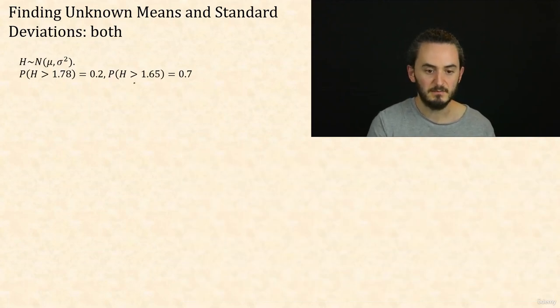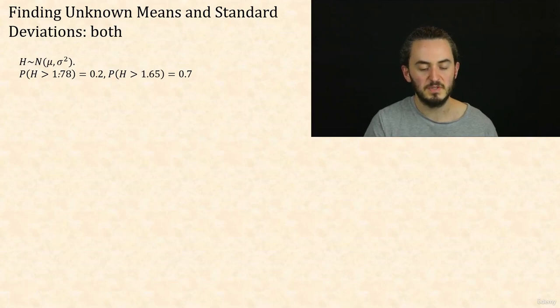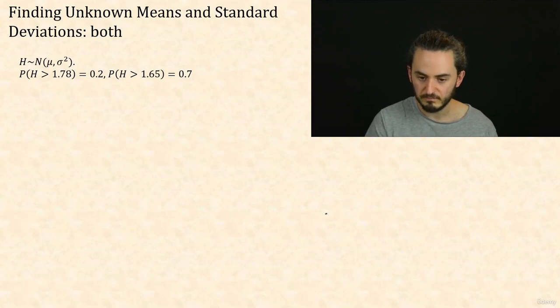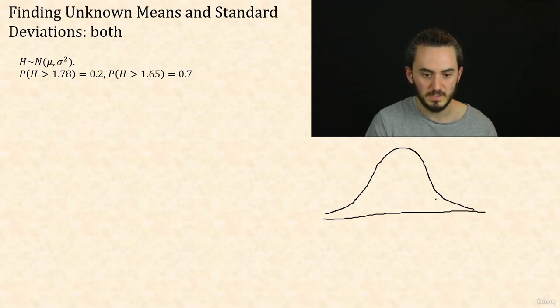So here's the information that was given. I've just summarised it. He clears 1.78 metres 20% of the time, and he clears 1.65 70% of the time. So our usual stuff, here's just the sketch again. So 1.78 was here, and that was the top 20%.